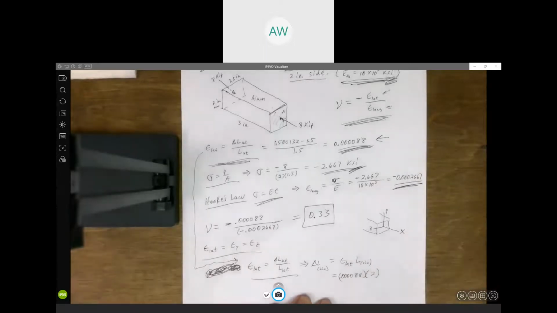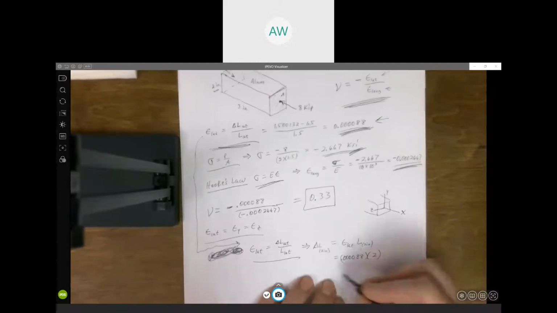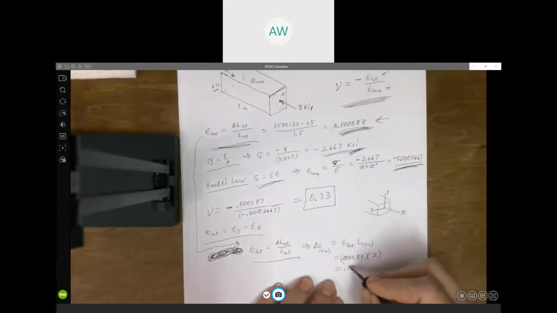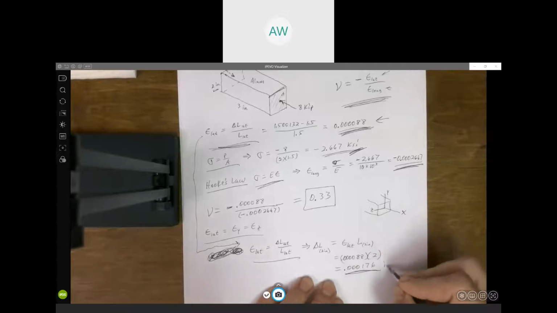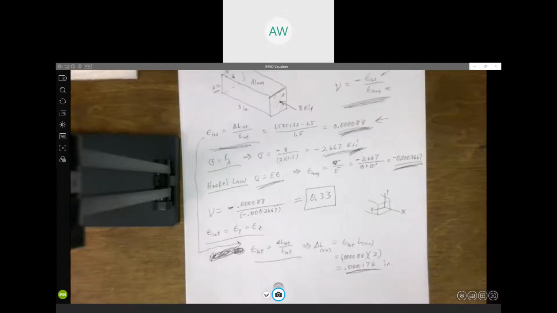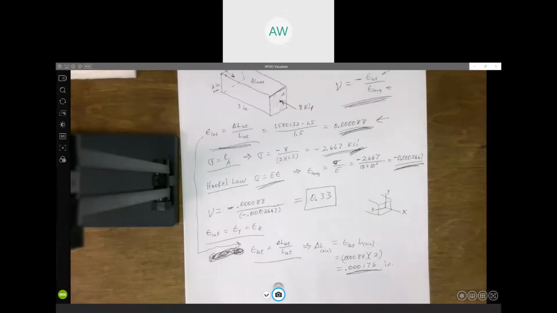The original undeformed length was 2 inches, and I got 0.000176. These are inches. That's just the change in length. That's how much the 2-inch side is going to increase.